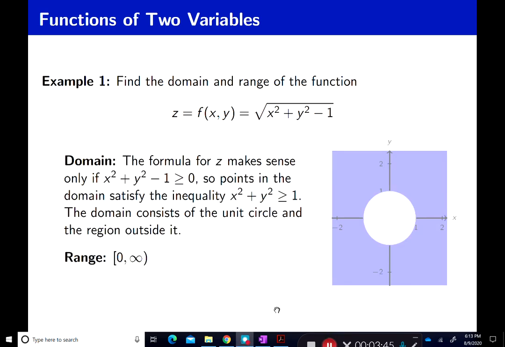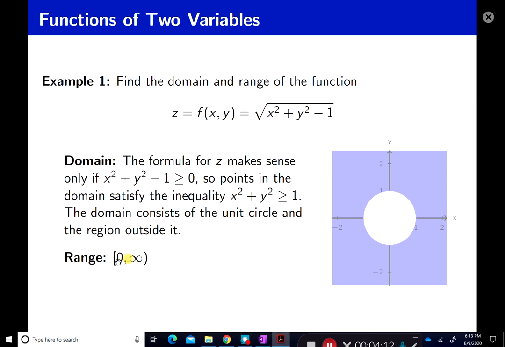A nicer picture looks like that, and the disk is empty. The boundaries are included, and everything outside the disk is included. Now, what is the output value of any square root function? Square root functions can give only output bigger than or equal to 0.